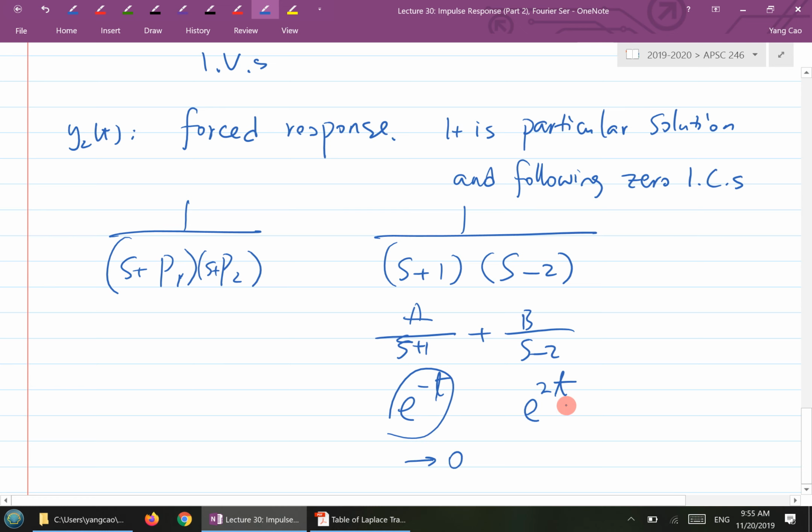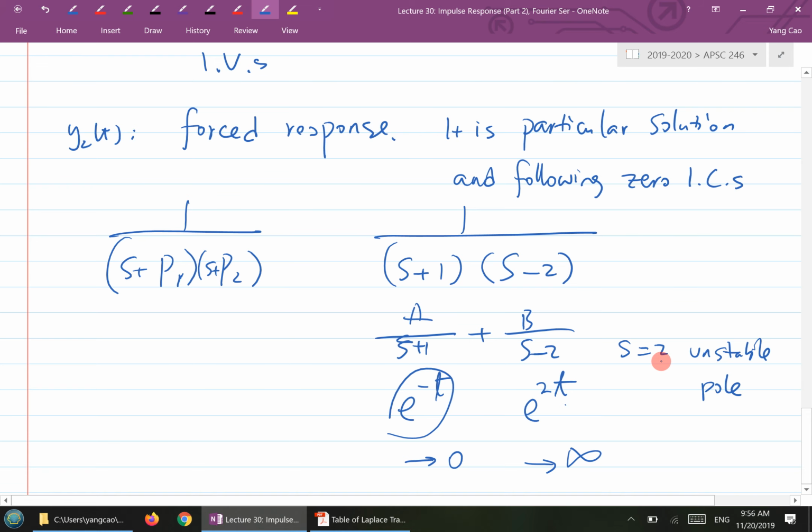0. But if you look at the second one, as t goes to infinity, this one goes to infinity. So this is an unstable pole. You look at this one here, s equal to 2, this is called an unstable pole, because this pole will result in an unstable response as t goes to infinity.